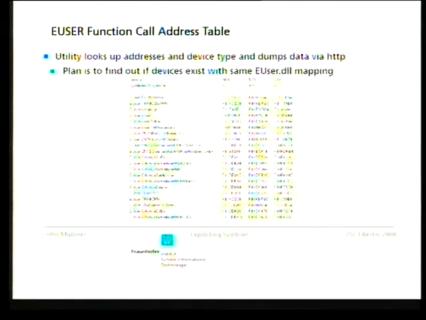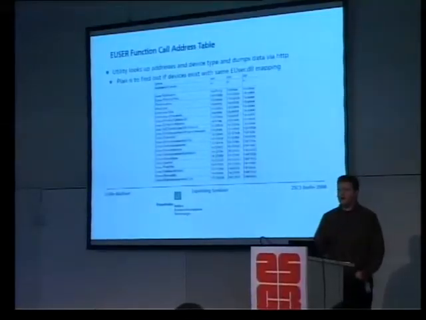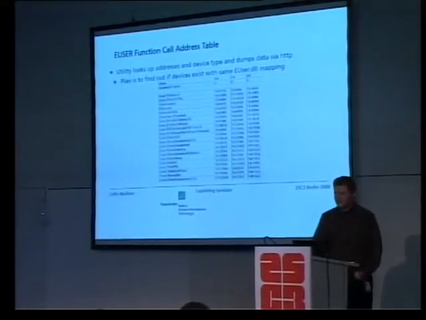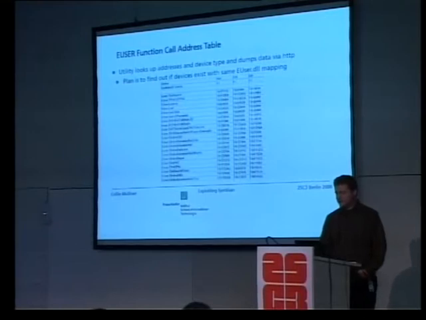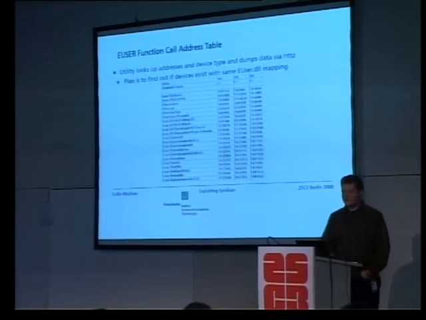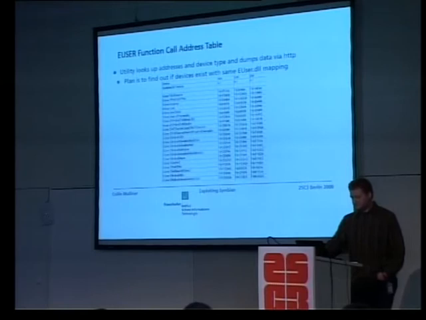So I started to check which of my devices had the same OS version, and really the same OS version is not just the same number but the same build number, to see how easy it is to write really portable exploitation code. I never found two device types which actually have the same mapping.